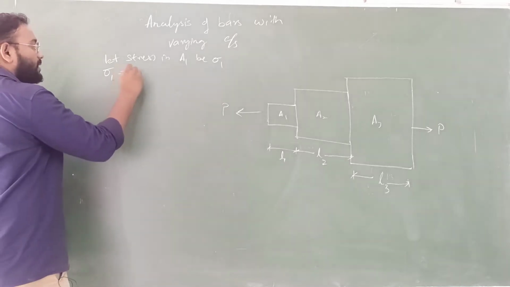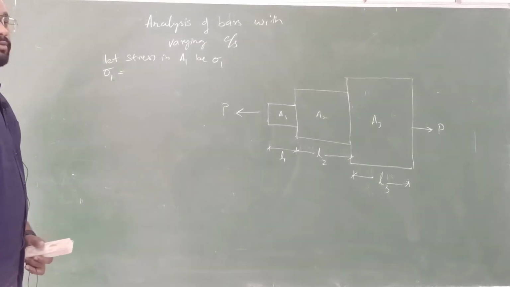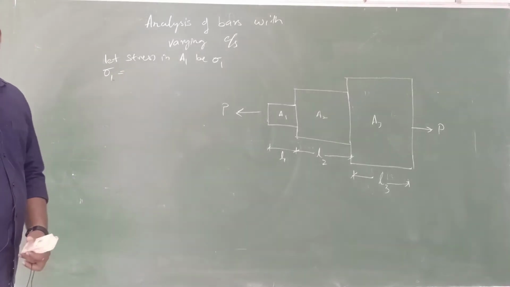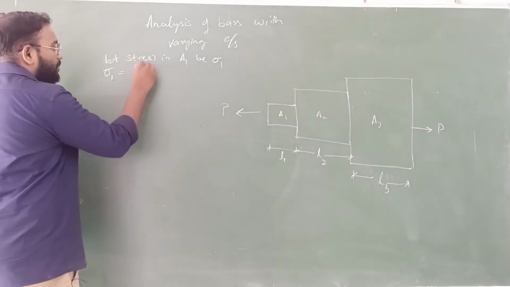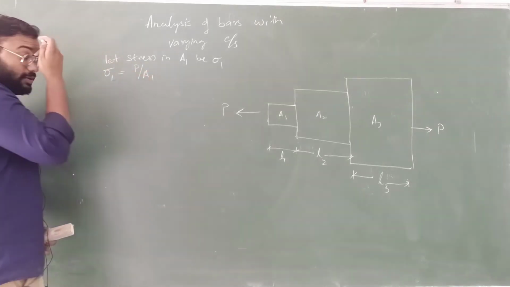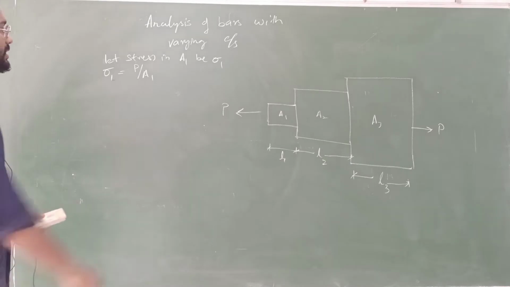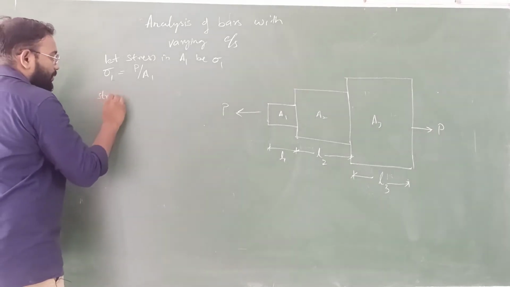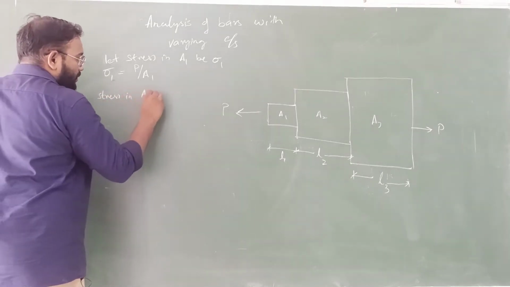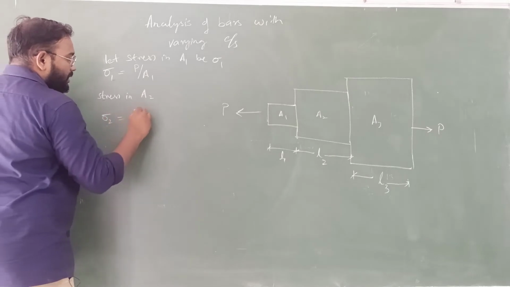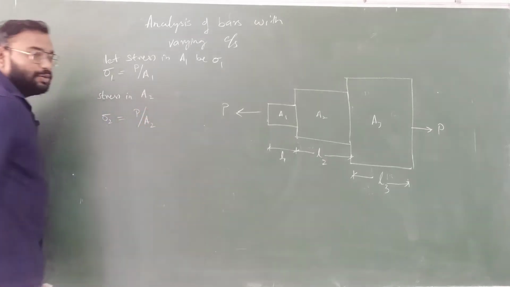Tell me what will be the stress in A1. What is the formula for stress? Load upon area, right? So it will be P by A1. Similarly, stress in A2, sigma 2, will be P by A2.